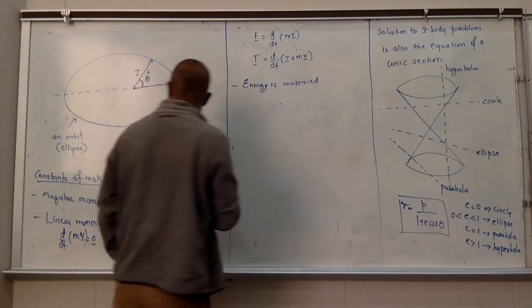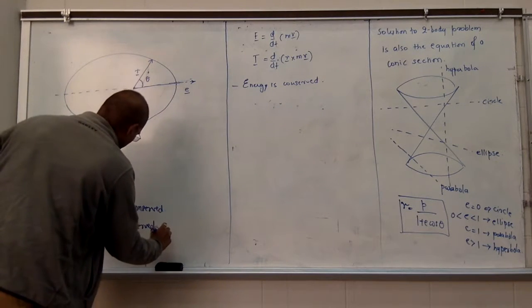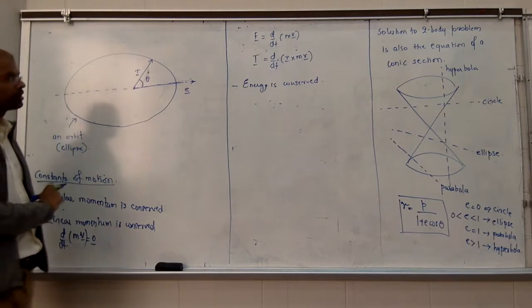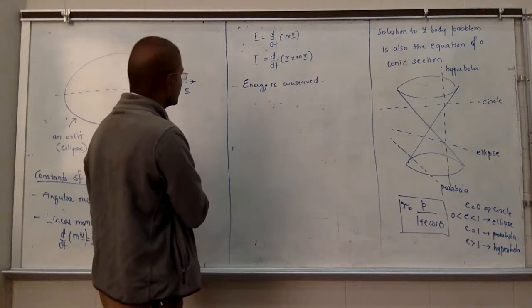Now I won't ask you to prove this part, okay? Linear momentum is conserved, but you'll be asked to prove angular momentum is conserved, and you'll be asked to prove energy is conserved.